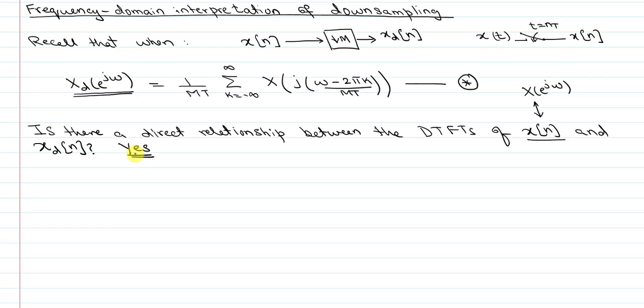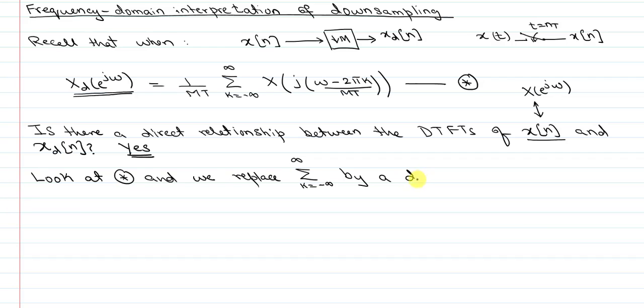Okay, now in order to do that, we look at the above expression, star, and then we replace the summation in that expression by a double summation. So how do we do that?